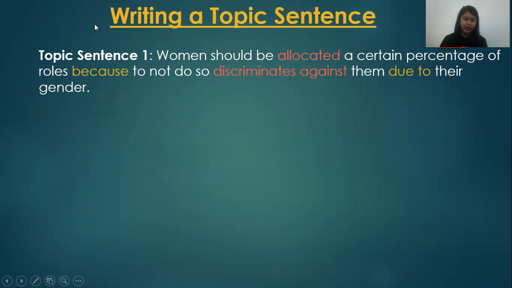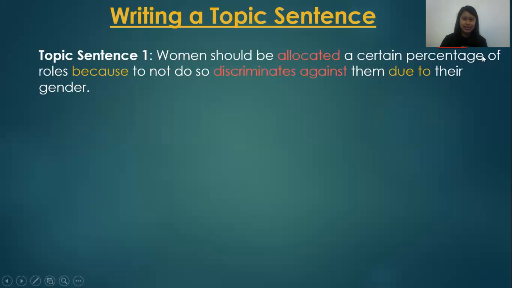Okay, so here we're saying that we agree to the given topic, so we write it first. And why do we agree to that? Because to not do so discriminates against them due to their gender. All right, I hope that's clear.